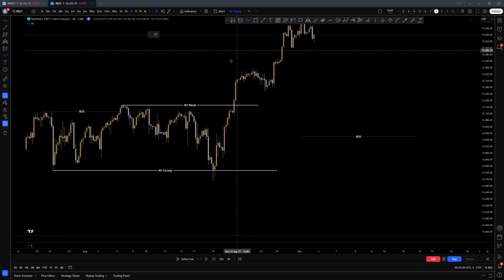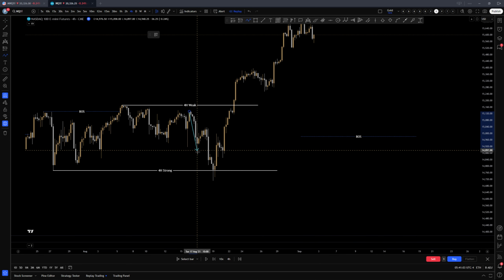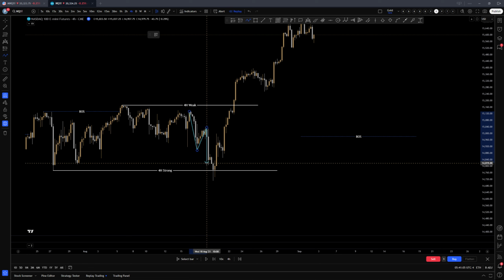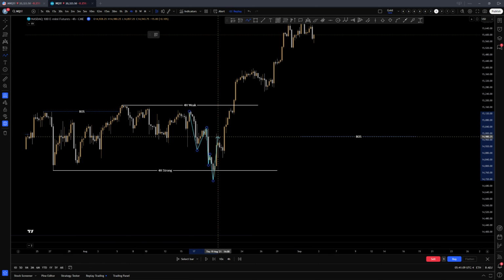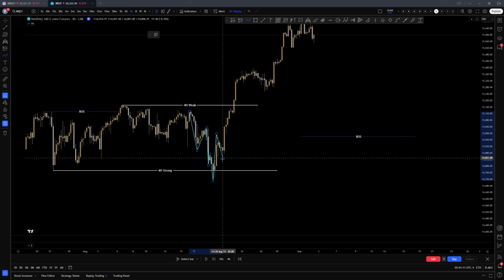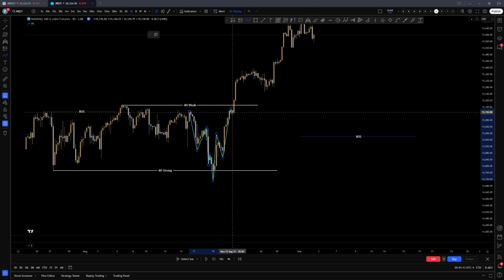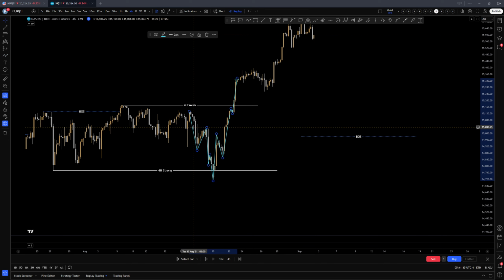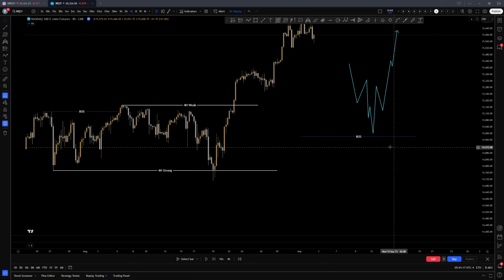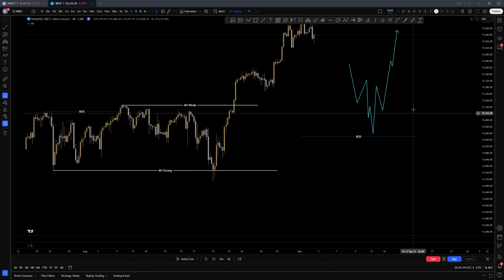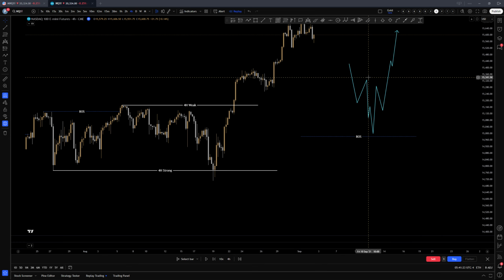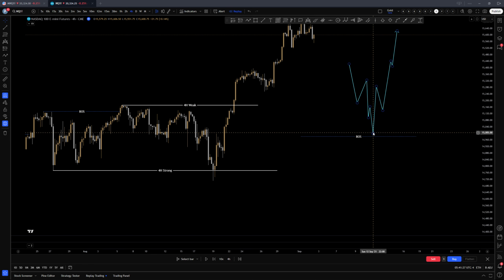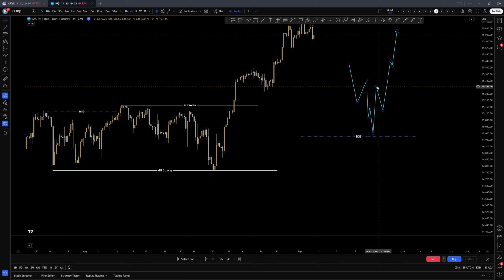If we draw in here, in our internal structure, this pattern here, track very carefully the structure here. What does this look like? What does that look like? It looks like a reversal pattern. We've got a low, a high, a lower low, a lower high, a lower low, higher high.